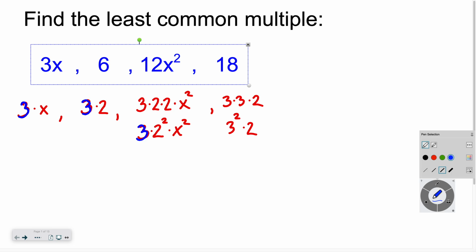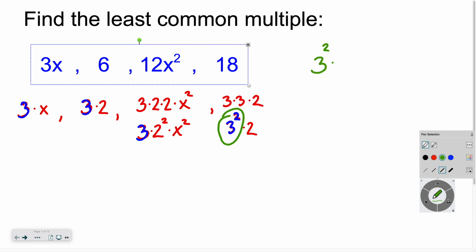So it's looking like 3 is definitely part of the least common multiple, but we go to the last one, we actually have 3 squared, okay? So since the exponent of 2 in this case is the largest power of the factor 3, 3 squared, which is 9, is definitely part of the least common multiple, okay?